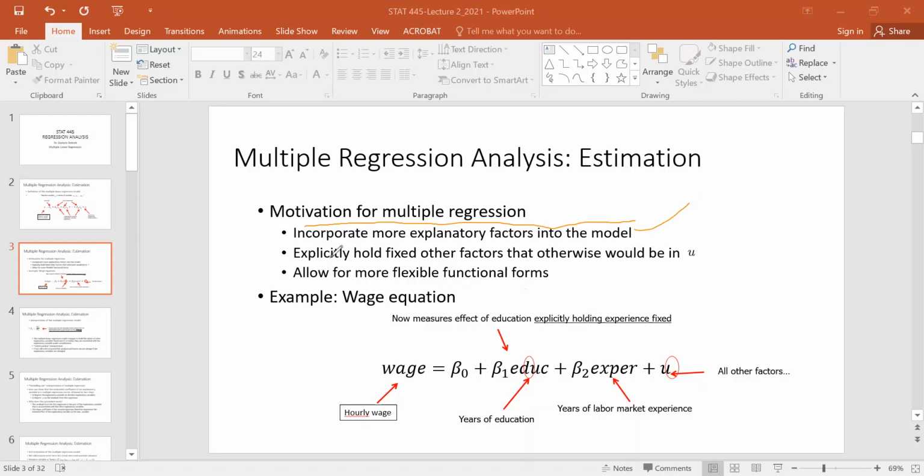It also helps us to take care of the flexible functional form. You remember the issue about the linear parameters and the ability to capture non-linearities.